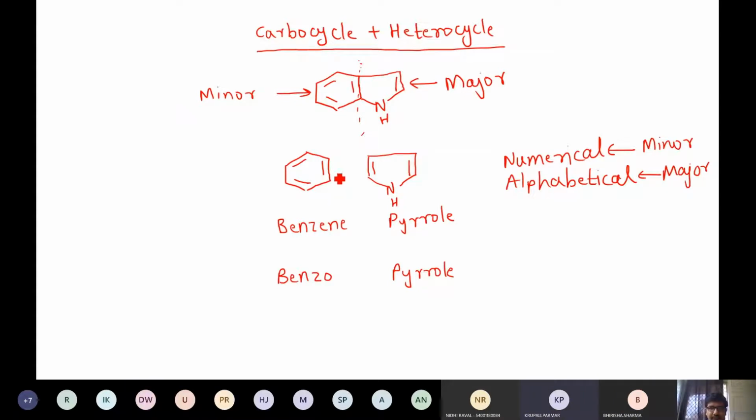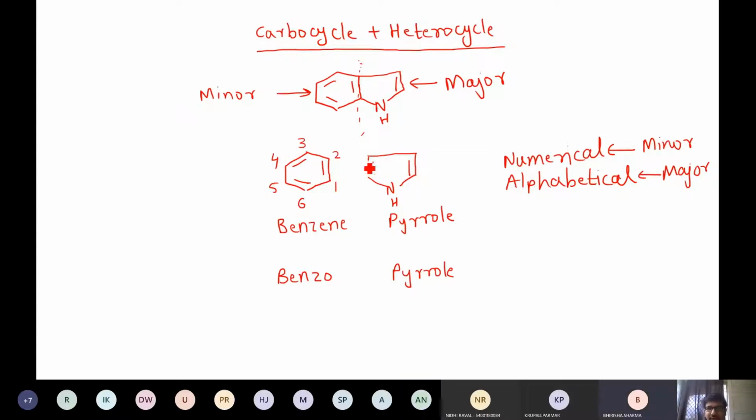Bridge atom should be given least numbering. Least priority, correct. So now this is a benzene ring. Where will the numbering start from? The bridge itself, correct? So I can start numbering here only. 1, 2, 3, 4, 5 and 6. So that bridge is getting 1 and 2. Is that correct? Everyone? Is that fine? Yes, sir.